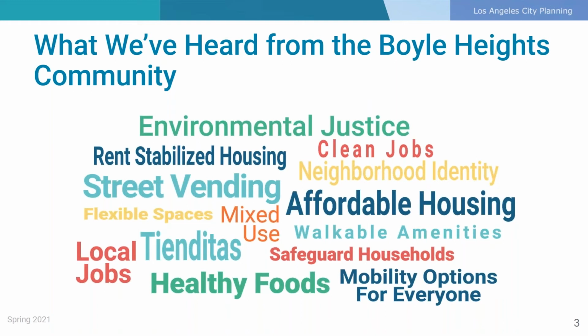Some of the key needs that have been heard throughout this process are the need to preserve existing rent-stabilized housing and create more new affordable housing, concerns over displacement of residents and local small businesses, addressing long-standing issues of environmental injustice, and providing better access to healthy foods through existing corner stores known as tienditas and through support for street vending. This feedback has served as the foundation from which the policy direction for the Boyle Heights Community Plan update has taken shape.